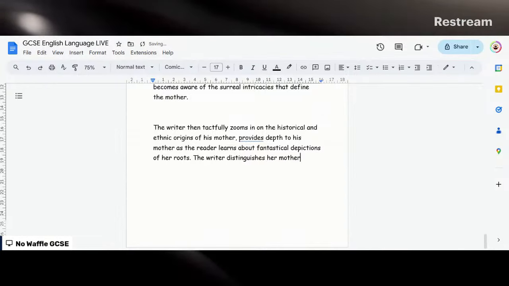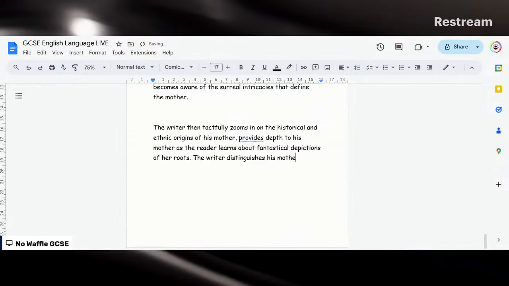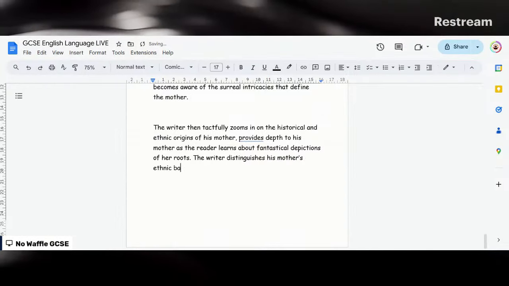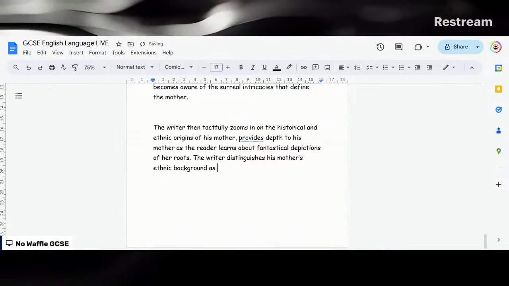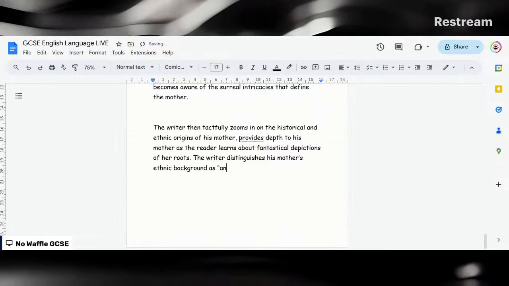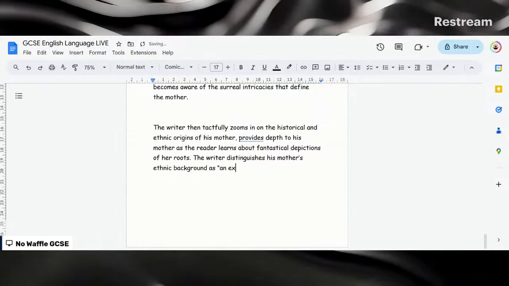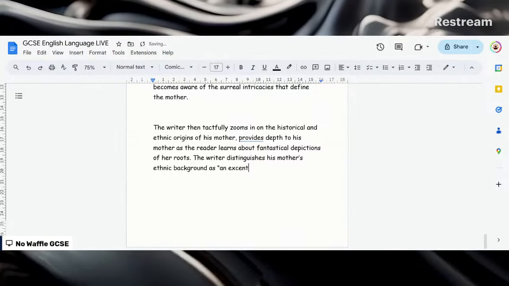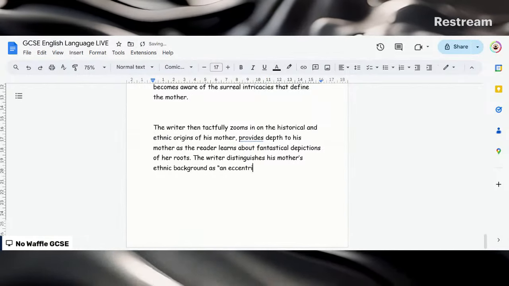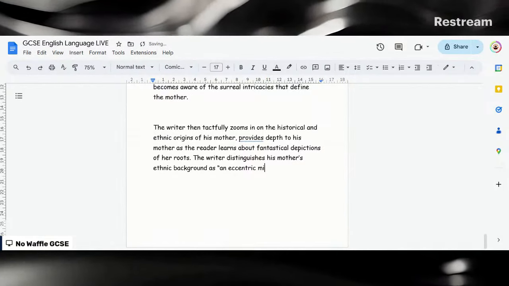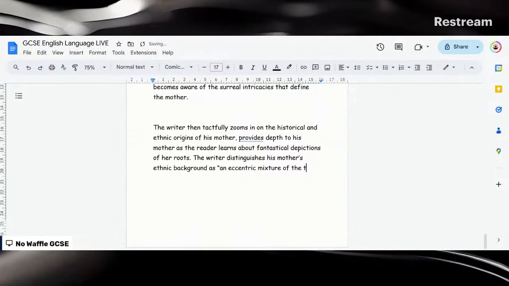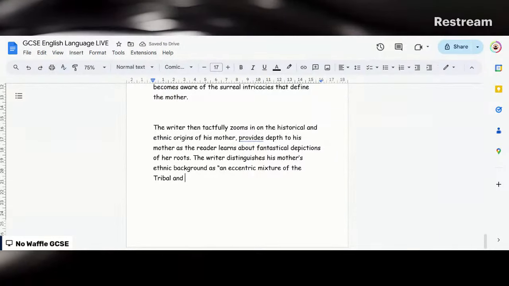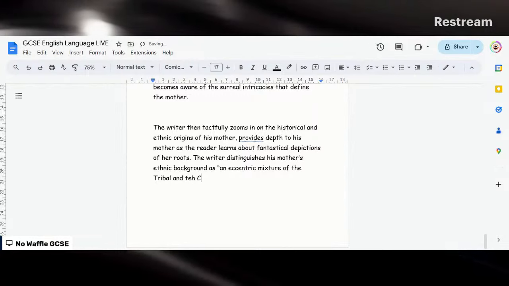his mother's ethnic background as an eccentric mixture of the tribal and the Celtic.